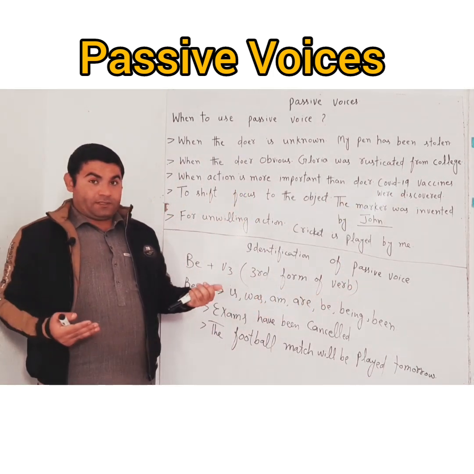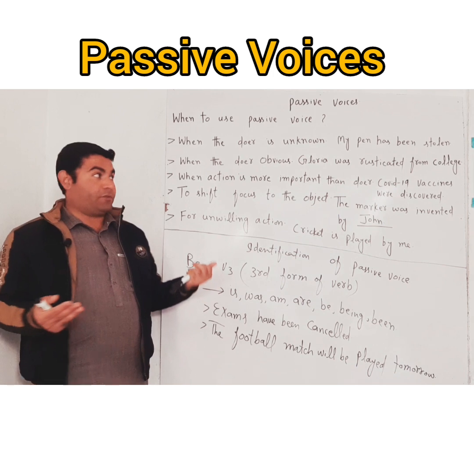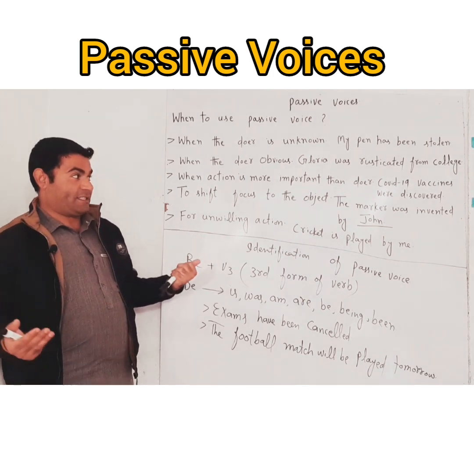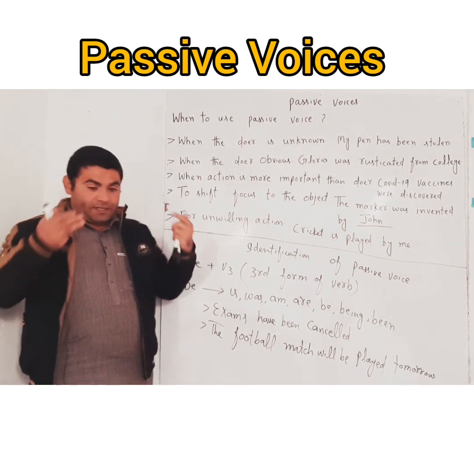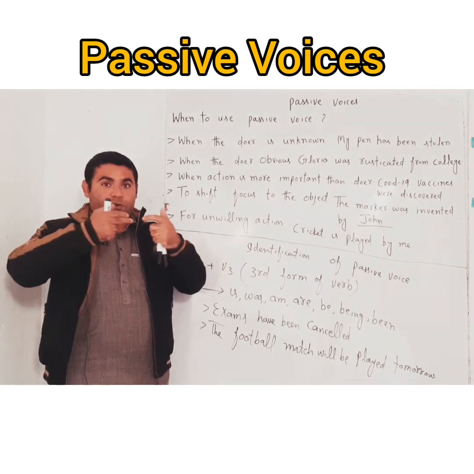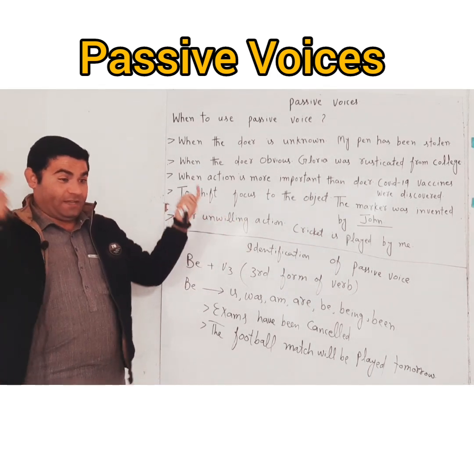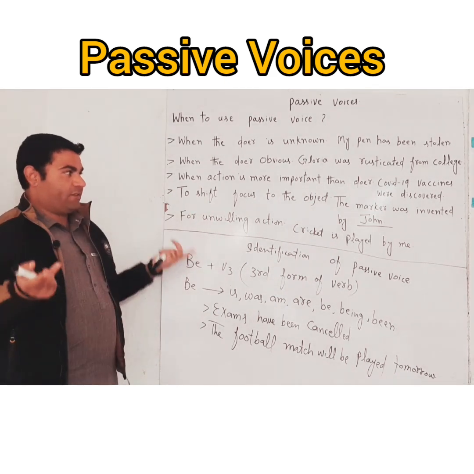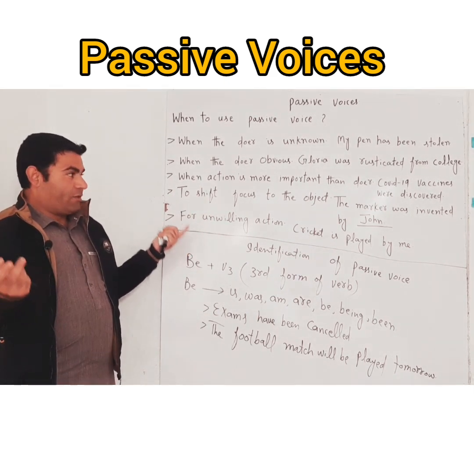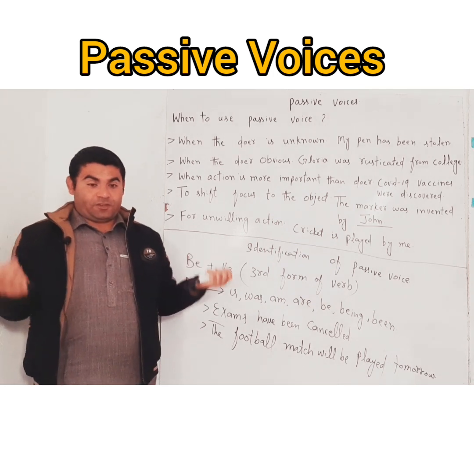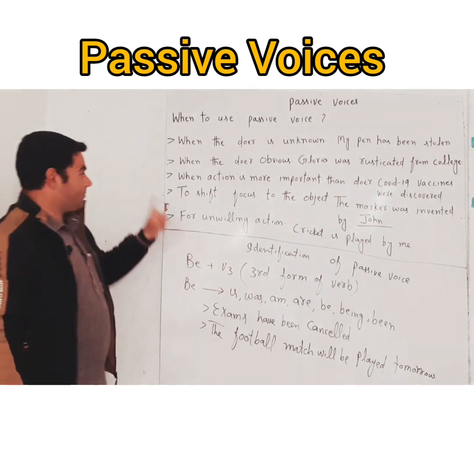It's not important to know the person who discovered them. But what is important, the good news for the world, is that COVID-19 vaccines were discovered. Nobody knows that, and nobody wants to know that. No need to know who discovered them.